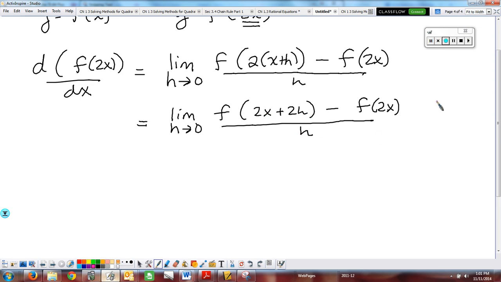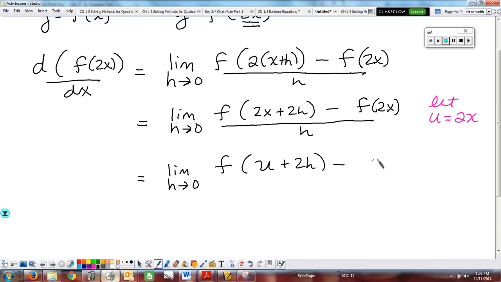So what I'm going to do is I'm going to let u equal 2x, right? So this is now going to turn into the limit as h goes to 0 of f of u plus 2h minus f of u all over h. So I do that first.